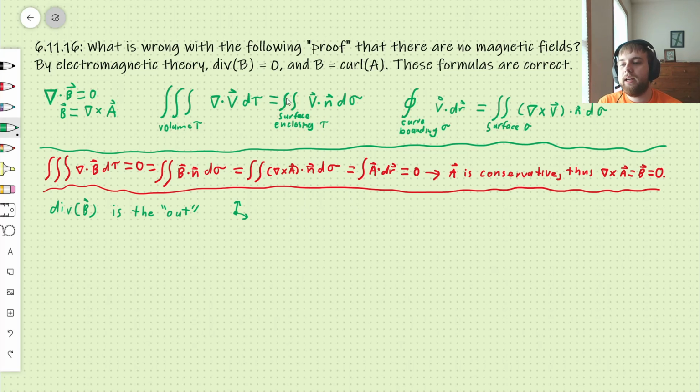This is just a fancy way of saying something that I think is fairly obvious. Let's say that you have a surface that's completely enclosing something, and there's nothing going through the surface. So this v dot n, the velocity is completely perpendicular to the normal vector, so this whole part is zero.